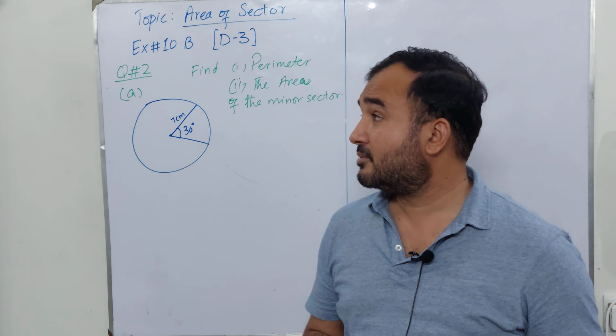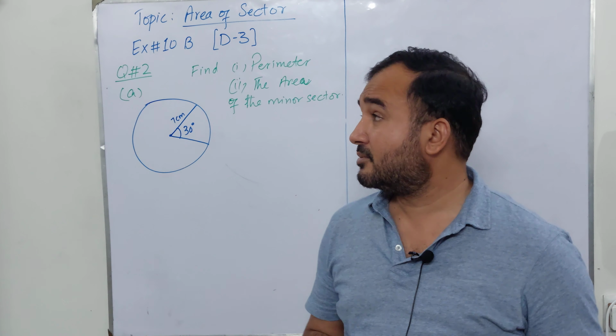This is the length of arc from here to here, and this is the radius and this one is also the radius. I draw this sector over here, so we need this L, which is the arc. The length of arc is equal to angle divided by 360 multiplied by the perimeter of the circle, which is 2 pi r. This is the formula we will be using in the whole exercise for length of arc.